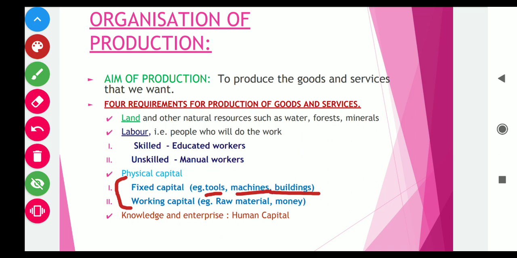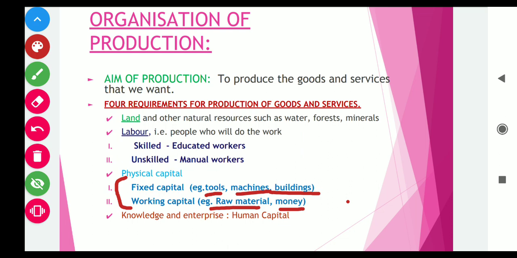Now what is working capital? They are the raw materials and money that is required. Now, other than fixed capital like machines, tools, some raw material are also required for the purpose of production. Like for example, in farming, generator, tube wells, tractors, these are the fixed capital that are required.